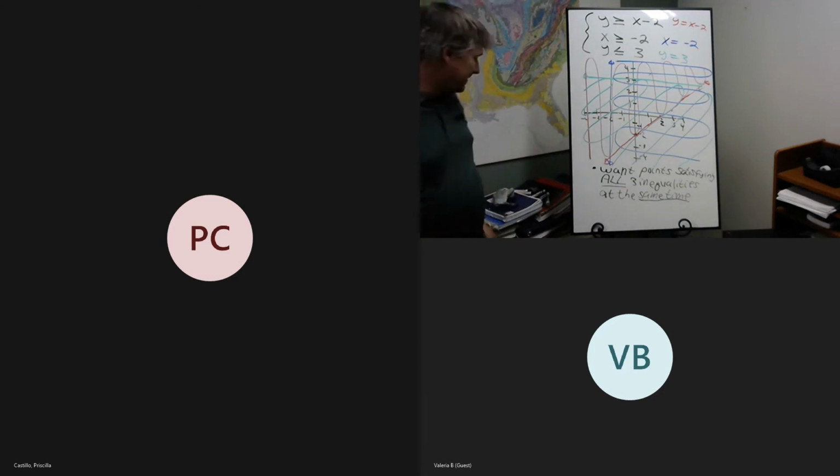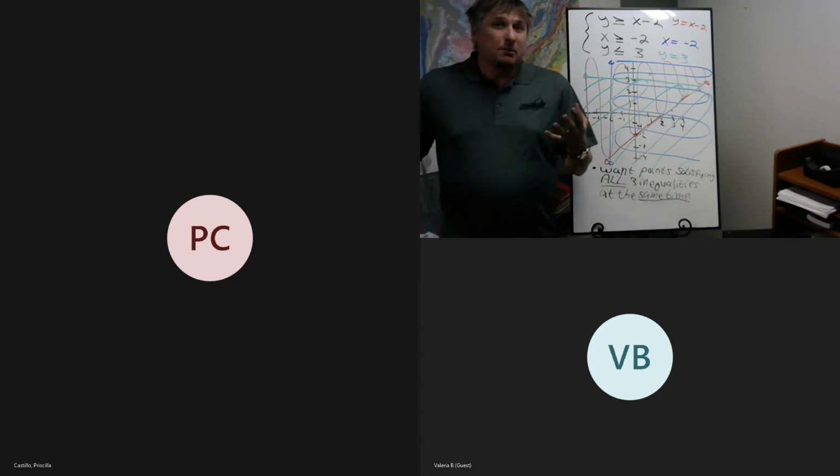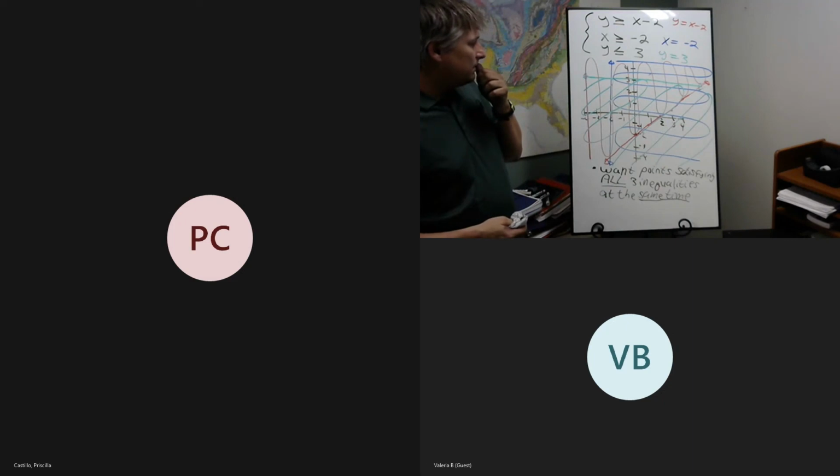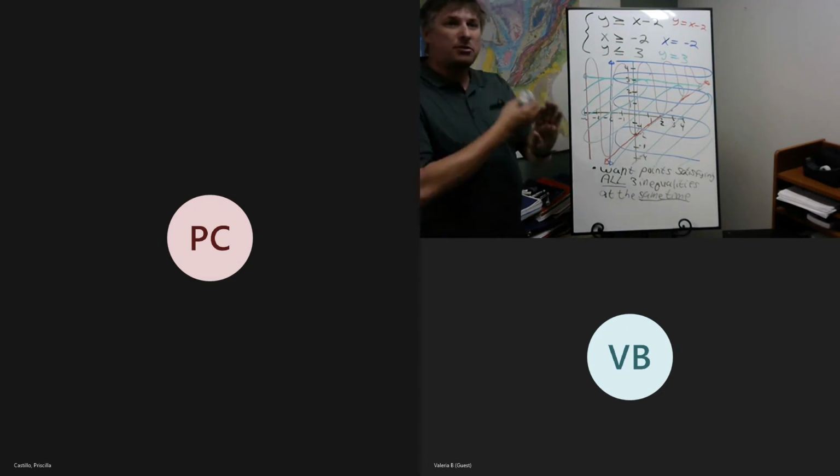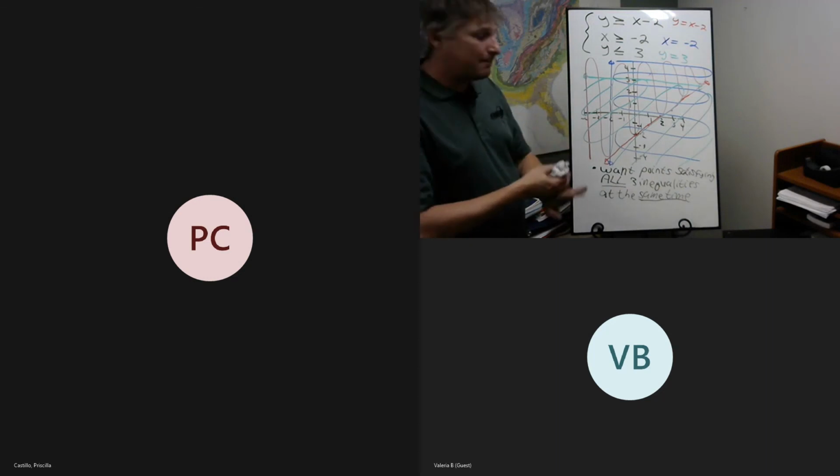So how do we identify those points? Well, those points will be the points where all 3 regions overlap.